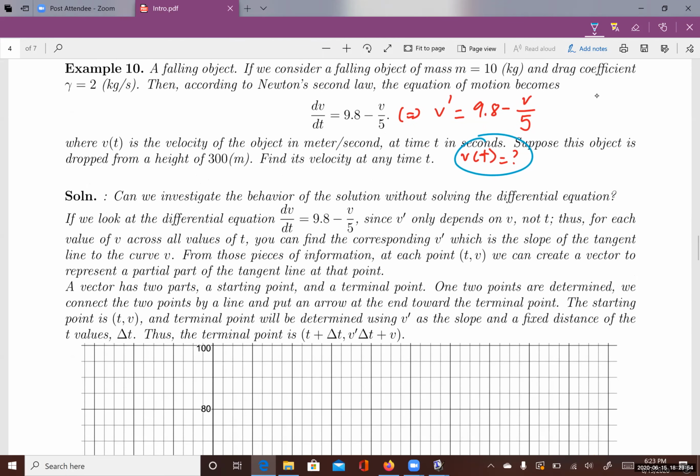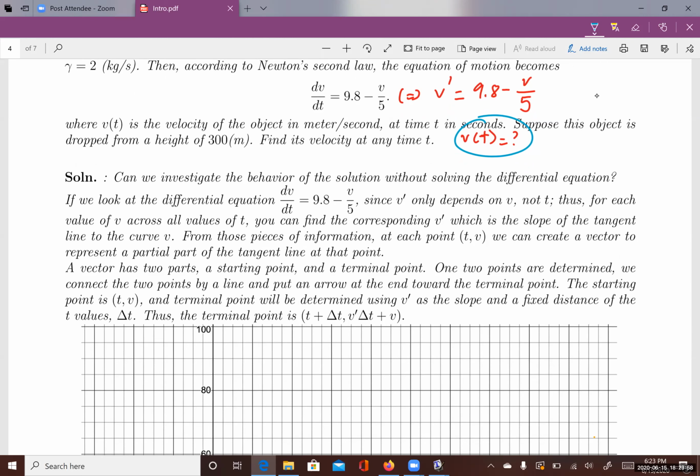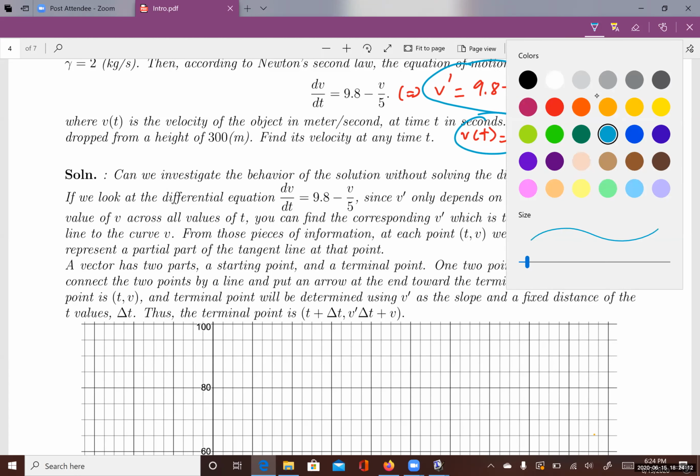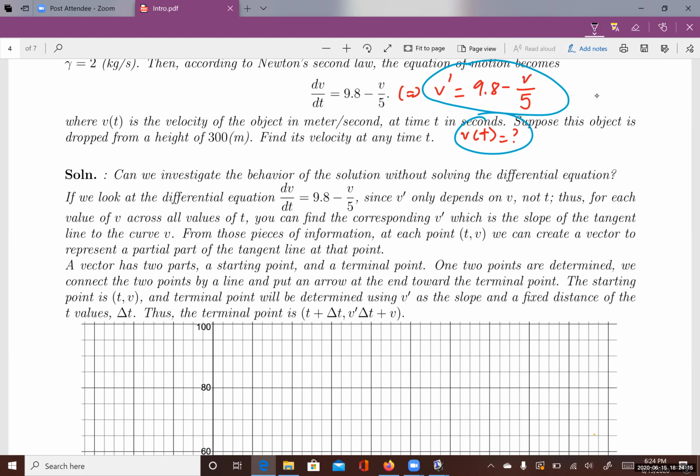So we wonder, can we investigate the behavior of this differential equation without even solving it? Well, let's look at this equation. Let's consider if there's a curve. Look at this curve v(t) for an example, right?